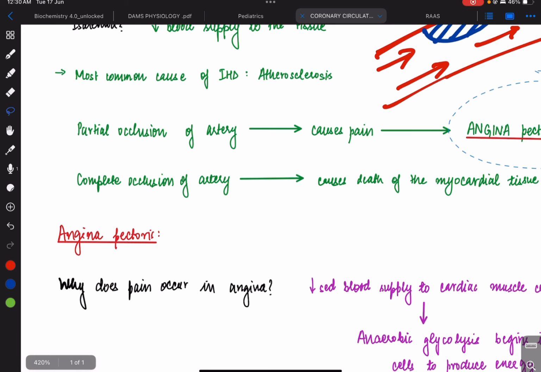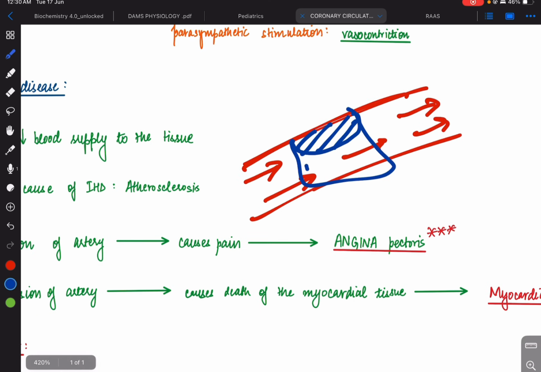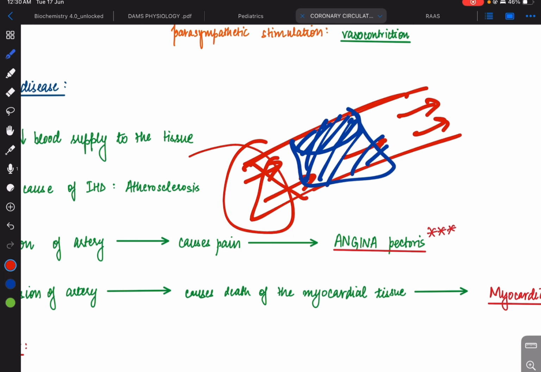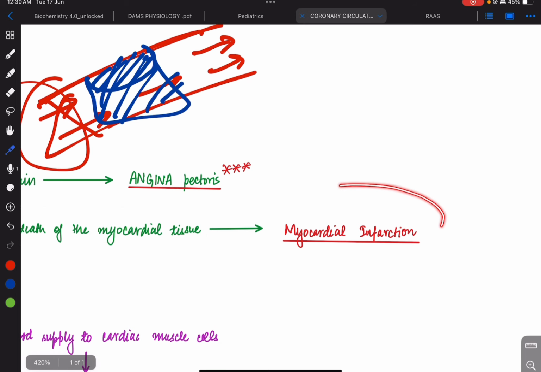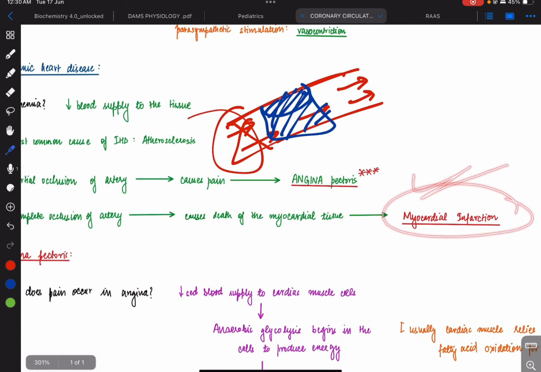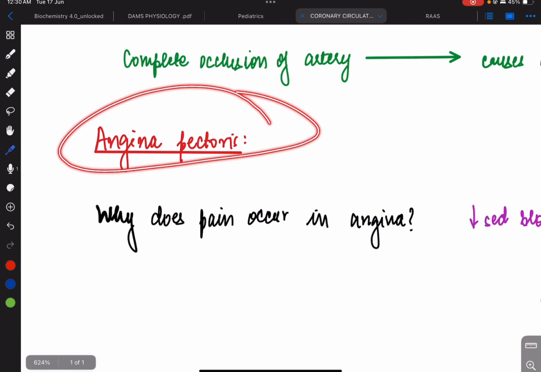Now, whenever there is complete occlusion of the artery, as if this is the plaque and it has completely occluded the artery, we can see that there is no blood flow in this case, right? What this actually leads to is death of the myocardial tissue, which we commonly call myocardial infarction, right? So now getting on to the main topic, that is angina pectoris.